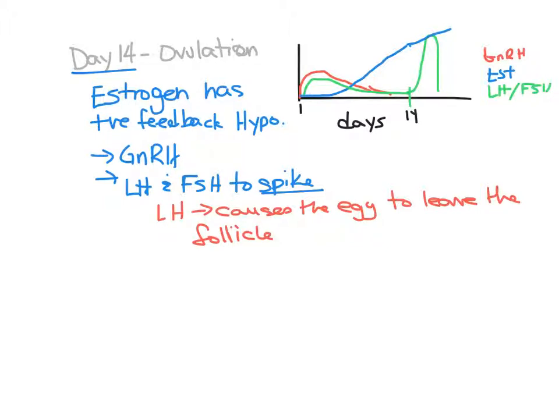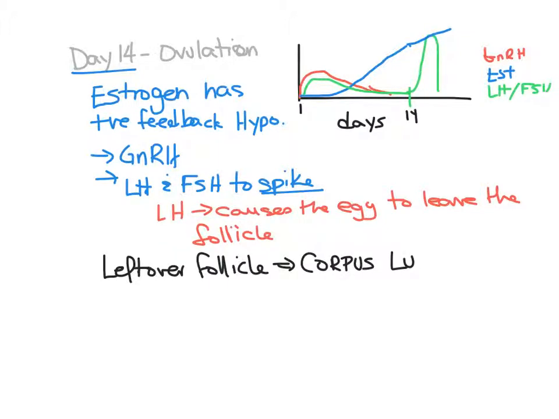Okay, and what happens is estrogen continues to cause the endometrium lining to continue to grow. And what happens as soon as the follicle is left over, the leftover follicle is now called the corpus luteum.